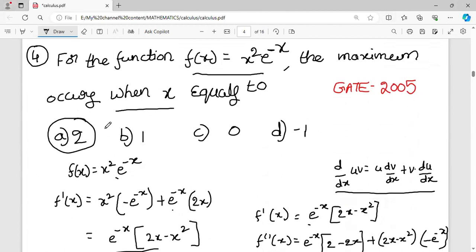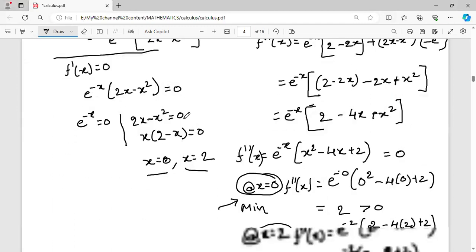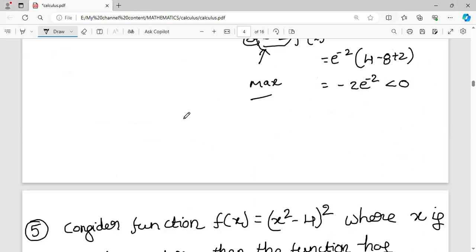So these are some models to find out the maximum and minimum values. To find out the maximum or minimum, simply take the function f of x and do the first differentiation, and that can be equal to 0. Then you find out x values.